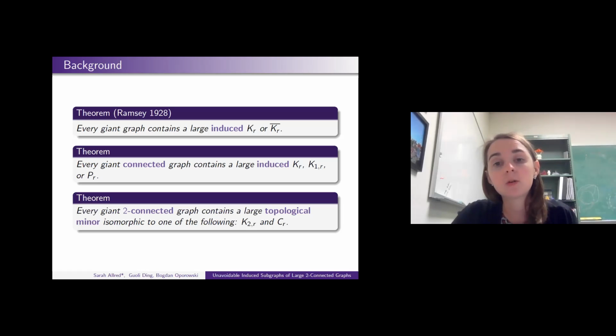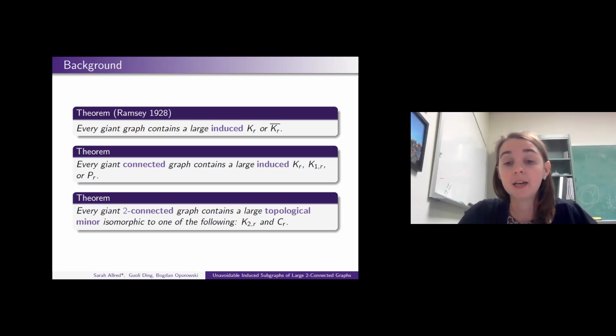Now, this is a weaker operation because in a topological minor we can delete edges, we can delete isolated vertices, and if we have 2 or more edges in series, then we can replace that with a single edge. So just by being allowed to delete edges, we have a significantly weaker relationship, because in induced subgraphs, we can only delete vertices.